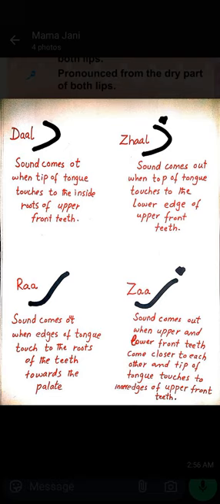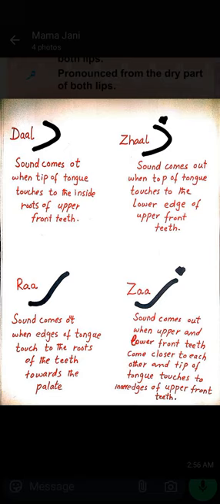So this is the shape of this alphabet, dal. This is the name of the alphabet, dal, and its sound is the sound. And next is zal. These are soft letters. Dal is also a soft letter, soft sound, and zal is also a soft letter. We read it with the soft sound.